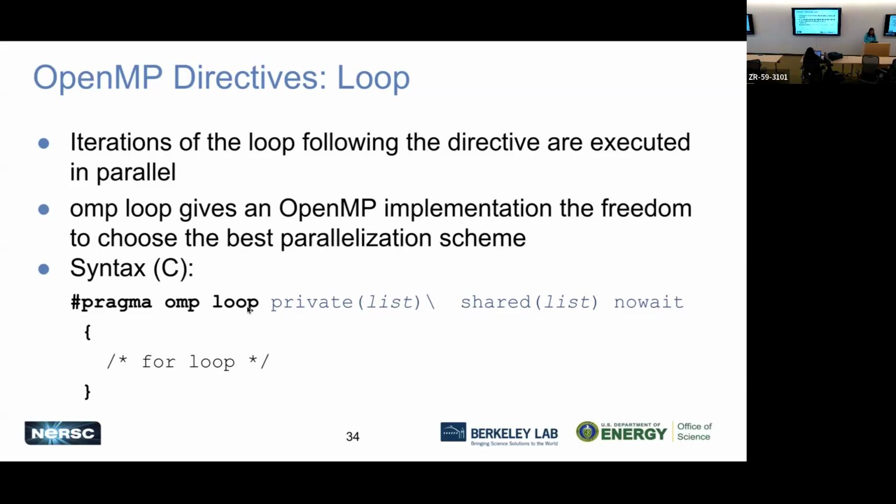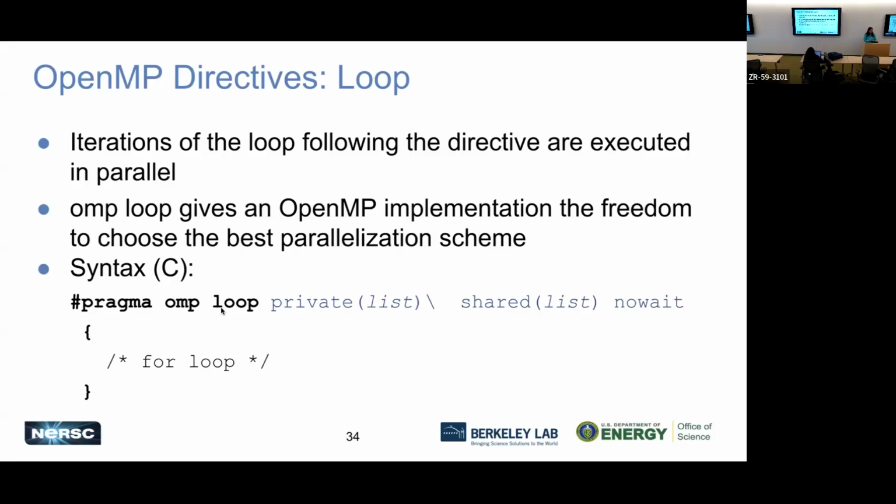So the way we call this, OMP loop is a more descriptive way of distributing my loop, distributing my work. And OMP for, OMP do for Fortran, are the prescriptive way of OpenMP.